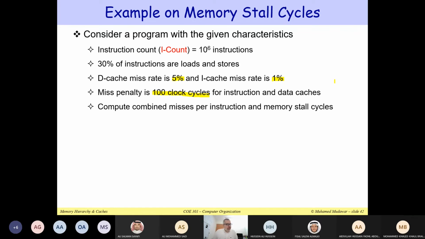That's typically the case if we don't have a second level cache and we have to go all the way to the main memory, then the miss penalty will be very high. It takes many clock cycles to transfer a block from the main memory into the I cache or the data cache. So it does not really matter where we have the miss.